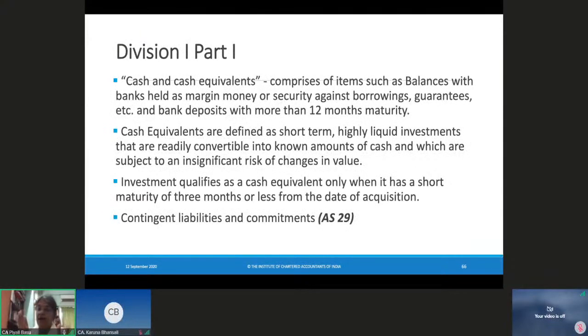But there a bifurcation has to be done. The employees who are retiring in the next 12 months, for them the benefit has to be disclosed as current and not as non-current. So those kinds of things must be taken care of in the long-term provisions.